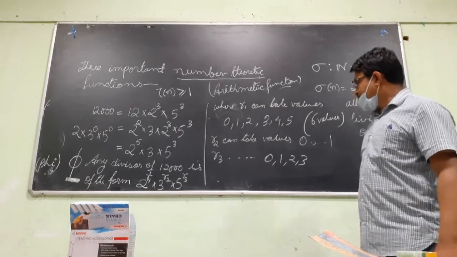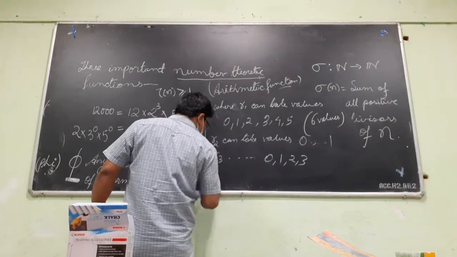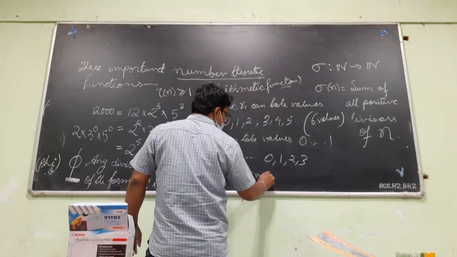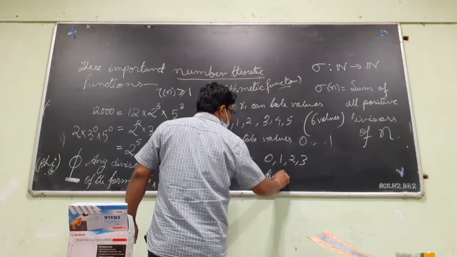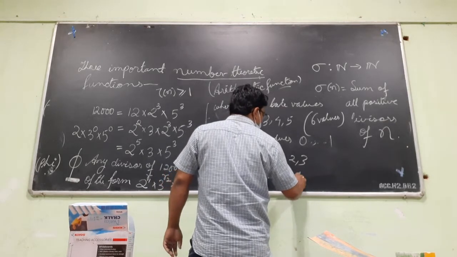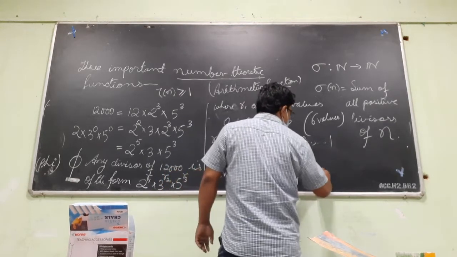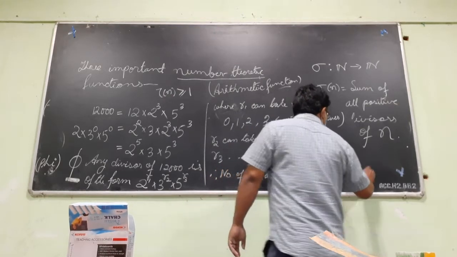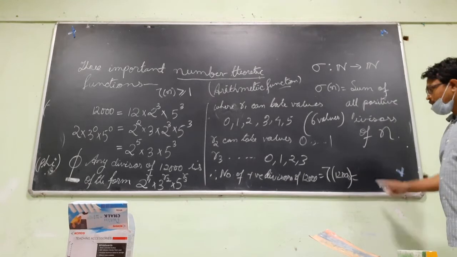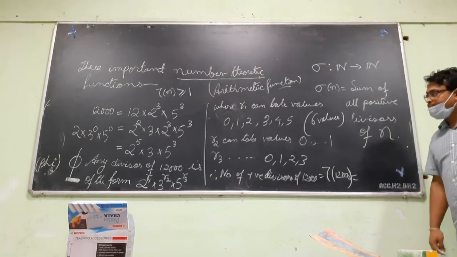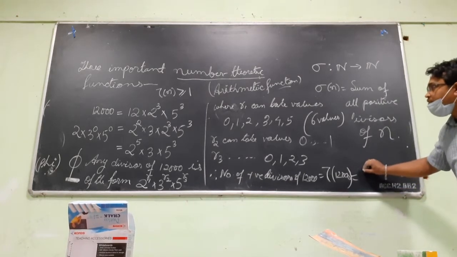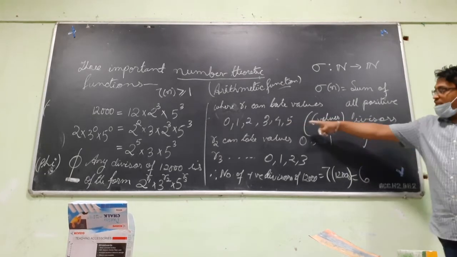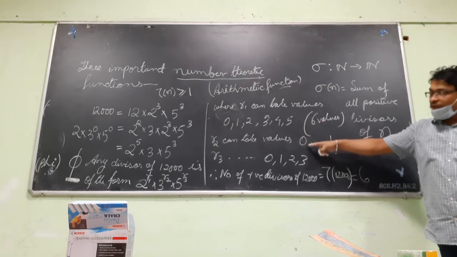So therefore, the number of positive divisors of 12,000, tau of 12,000, is what? R1 can take 6 values, and for each value of R1, R2 can take 2 values.